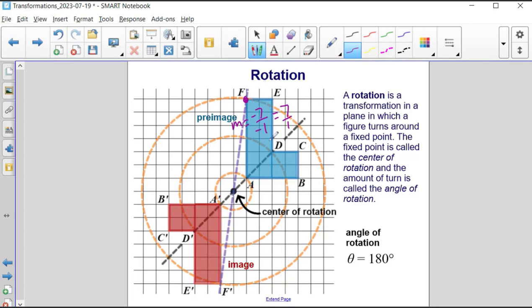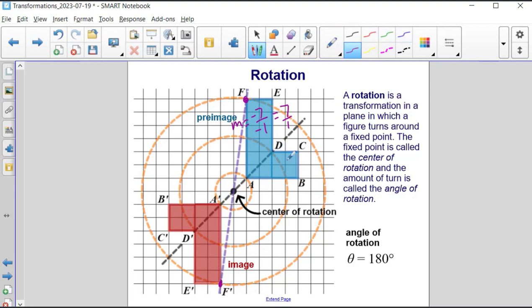But this original one that we have also tells us that if we follow the same exact movements in those same directions, we're going to get to the image point. So we're going to go down 7 again, 1, 2, 3, 4, 5, 6, 7, and to the left 1. And the leftward direction is negative. So you can use the original slope and use it again to get from the center of rotation to the image point.